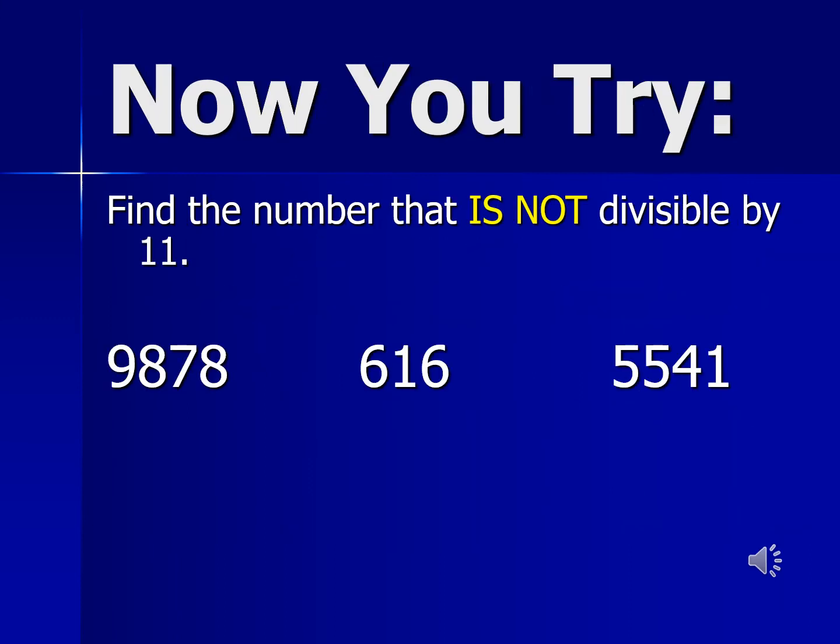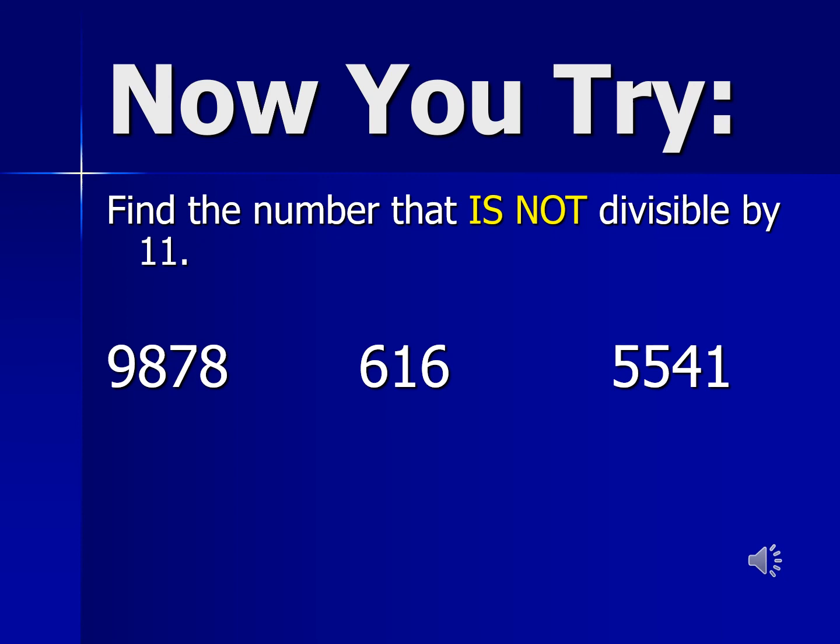Now let's try with these numbers. Out of these numbers, which is not divisible by 11? It is 5541 because the alternate digits are 5 and 4, and 5 and 1.